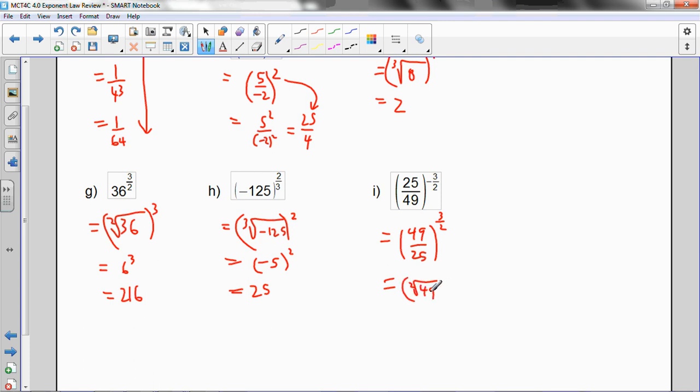The square root of 49 cubed over the square root of 25 cubed, and that is 7 cubed over 5 cubed, which maybe again you're reaching for your calculator, and that's okay at that point because I'm still showing all my steps to demonstrate my understanding of exponent laws. And we're good leaving it like that. We're not going to change that into a decimal.